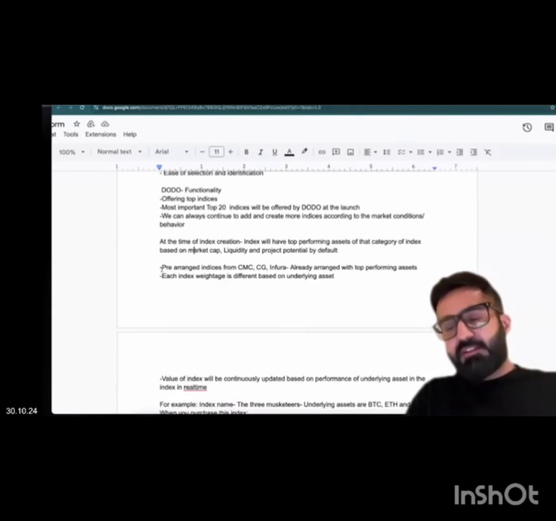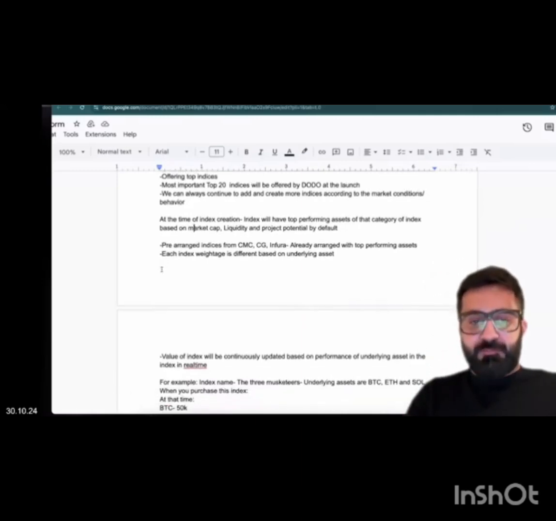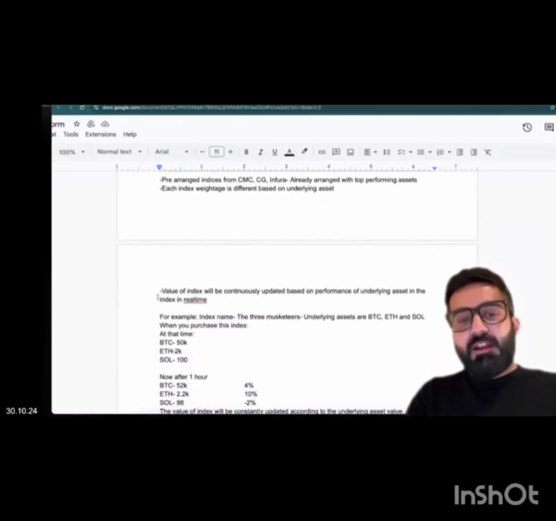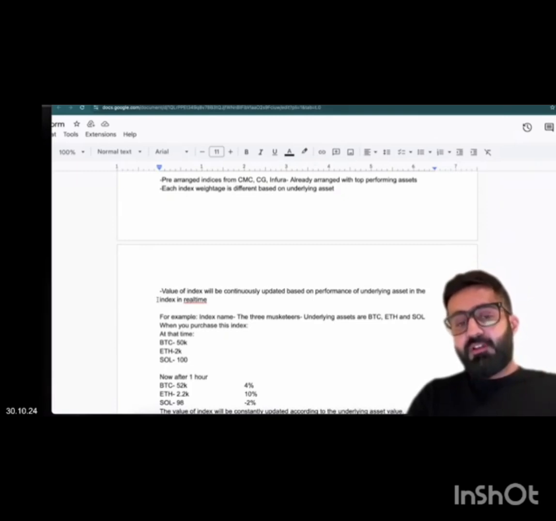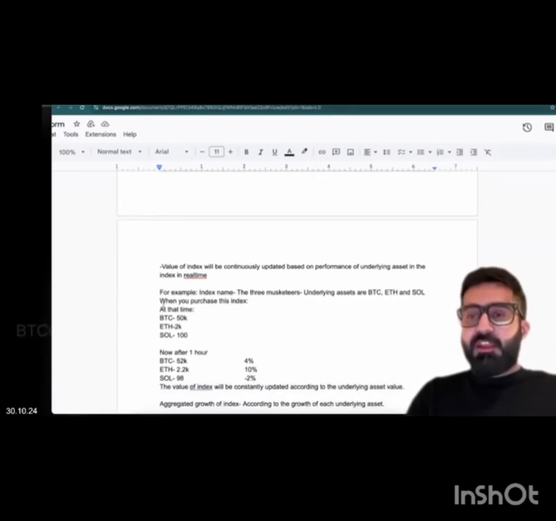Top 3 will be 33% each. Top 20 will be 5% each. Like that. So the value of the index will be continuously updated, in real time, based on the performance of the underlying assets in the index.